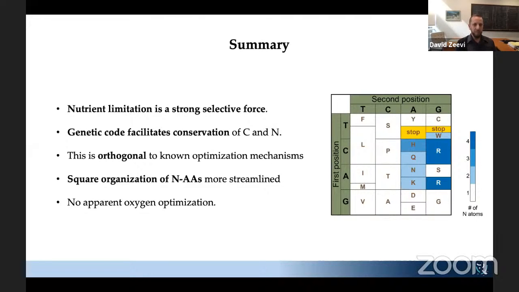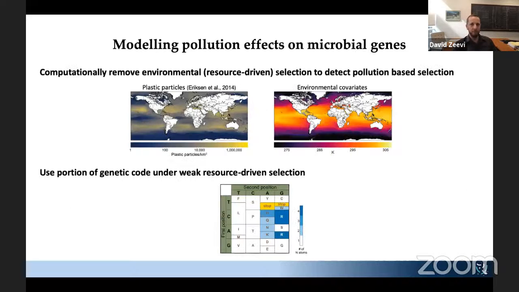So finally, I want to grab you by the legs and pull you out of the rabbit hole and talk about pollution again. Now that we know that there's an underlying layer of selection for nutrients, we can account for it when we're detecting pollution based on selection metrics in two ways.